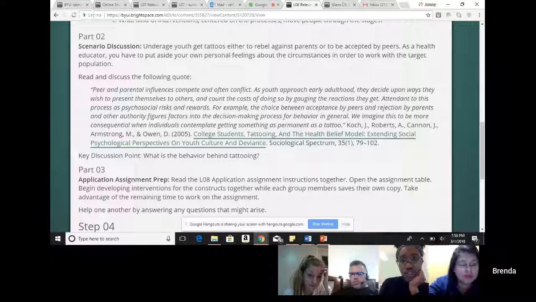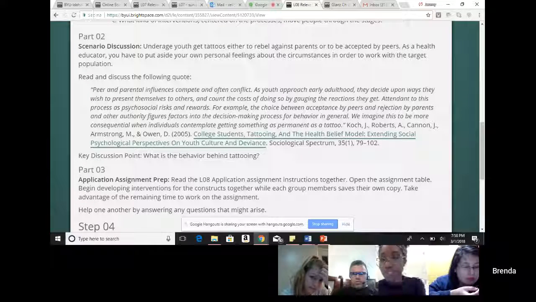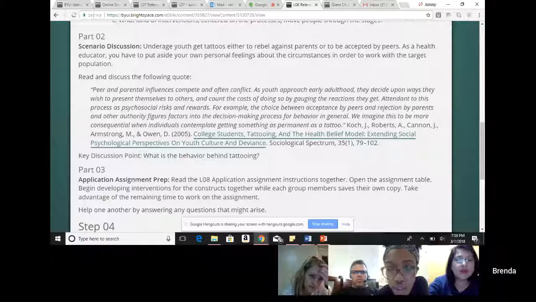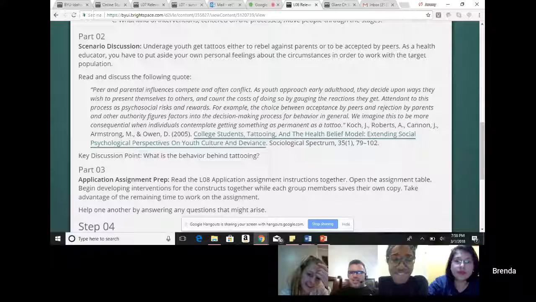Underage youth get tattoos, either to rebel against parents or to be accepted by peers. Would anyone like to read this quote? Sure, I'll read it. Peer and parental influences compete and often conflict.